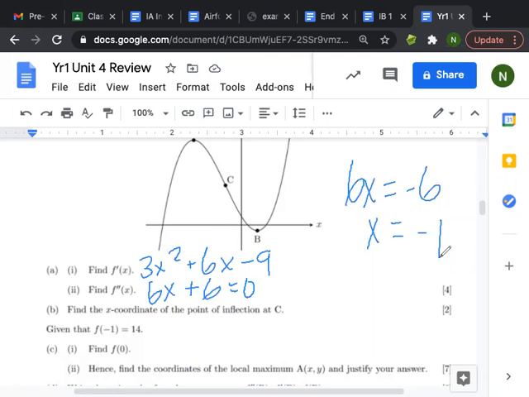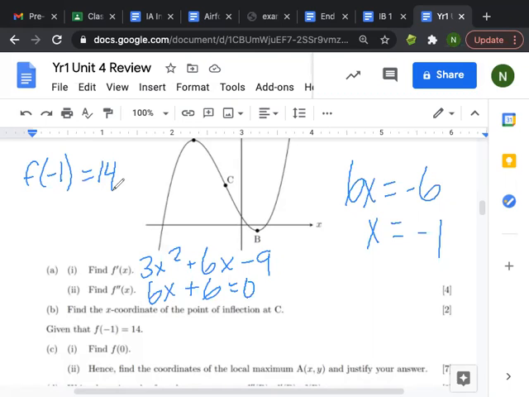It tells us, given that f of -1 is equal to 14, they want us to find f of 0. When you look at that f of x function, we have x values, but we also have another variable k.